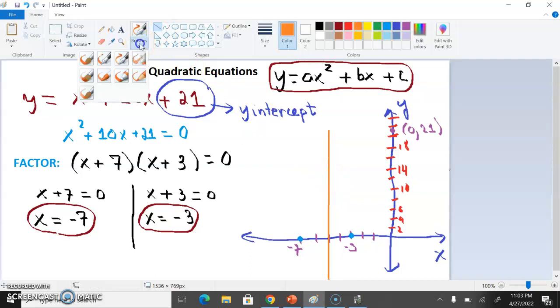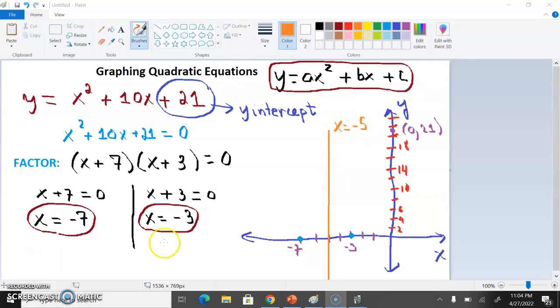So -5 is going to be the axis of symmetry, when x equals -5. And I'll say it again, the axis of symmetry is the line that divides the parabola into 2 equal halves. So x is going to equal -5 right there.